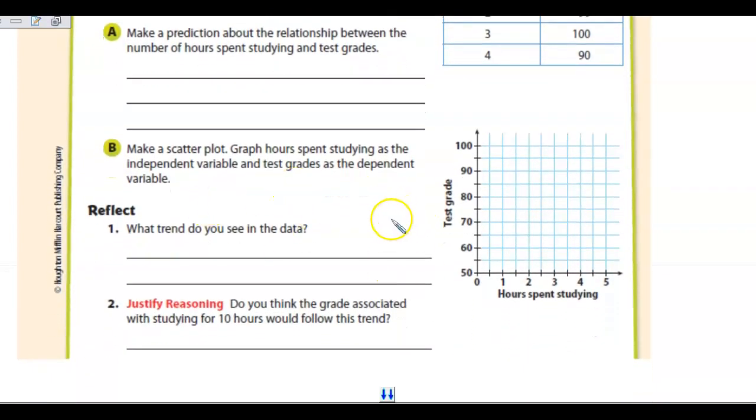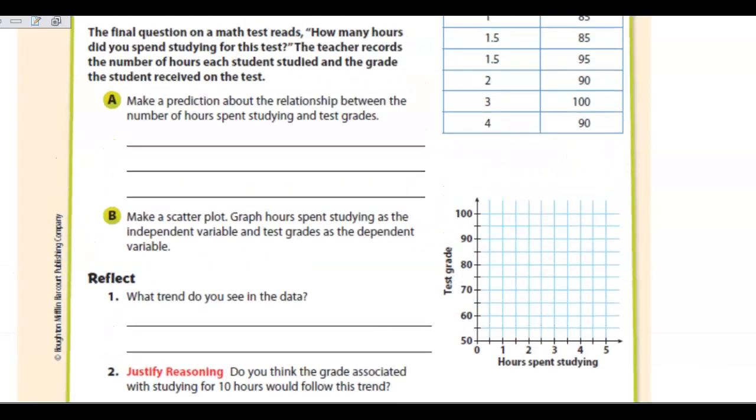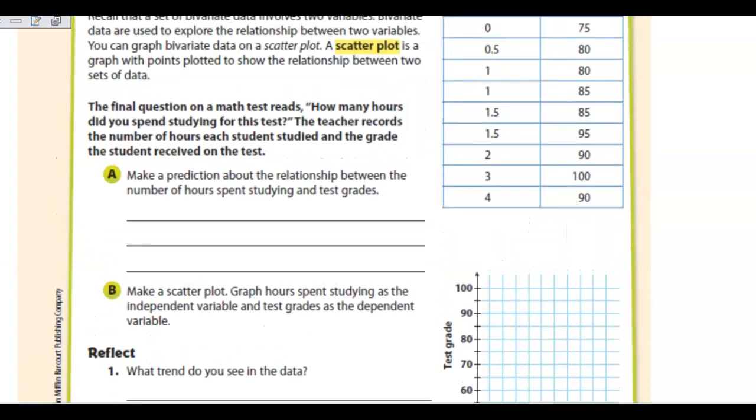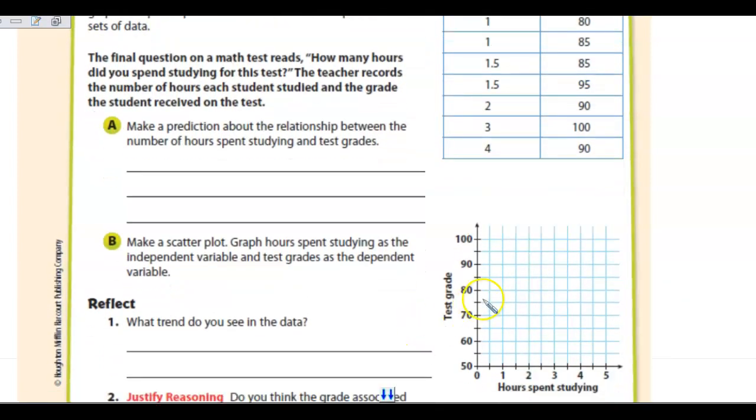So we're going to make the scatter plot, graphing the hours spent studying as the independent variable and the test grades as the dependent. And remember, independent is your x values and your dependent are your y values. Okay. So the first one I have is 0.75 hours, and then at 1/2, I had 80.